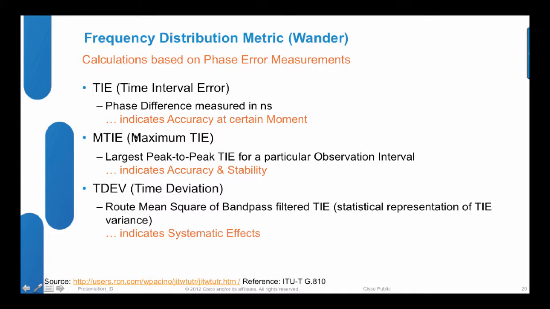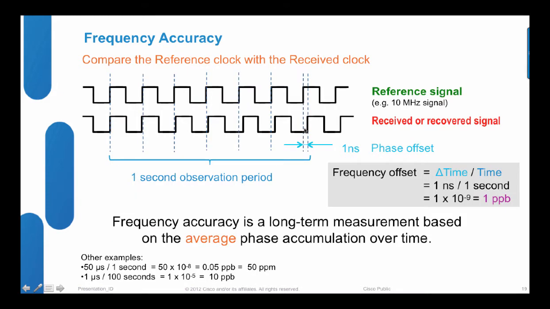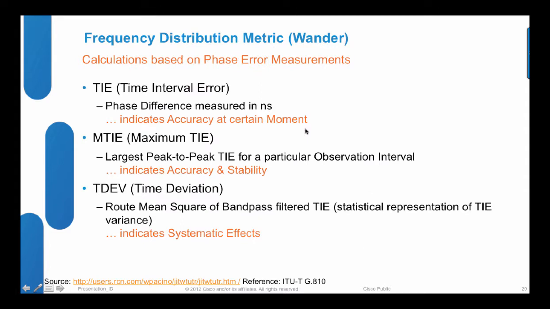Then the MTIE is the maximum time interval error. So let's say, for example, we measure this over 12 hours; all of these data points are put in a database. We'll have the time interval error, and then the MTIE will be the maximum over that observation period of, say, 12 hours. And then the time deviation is the RMS value, which gives you more statistical information.